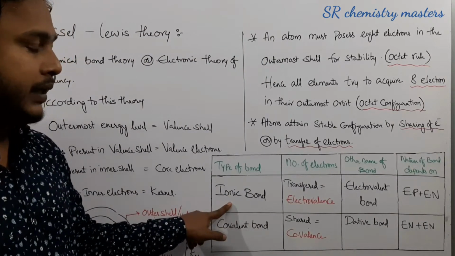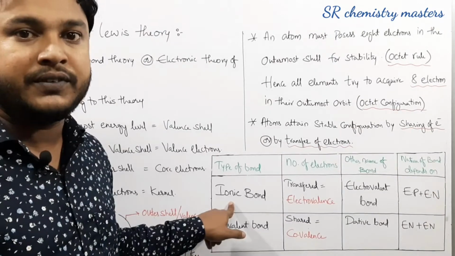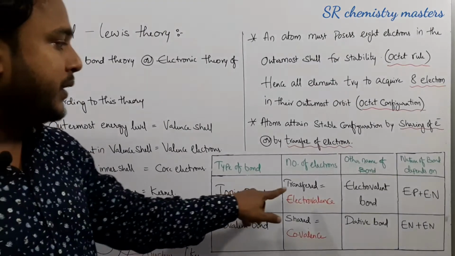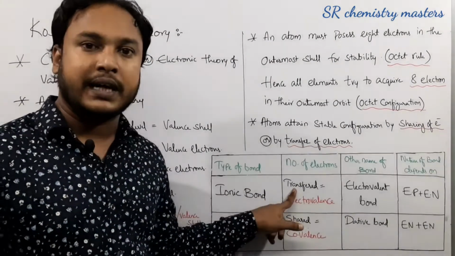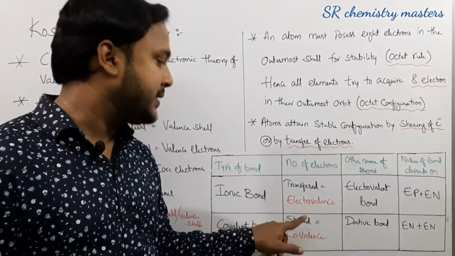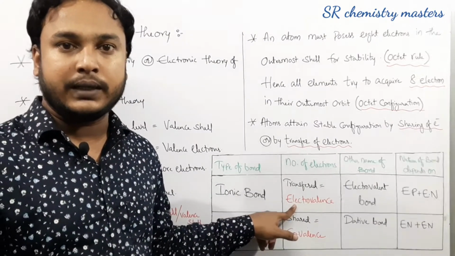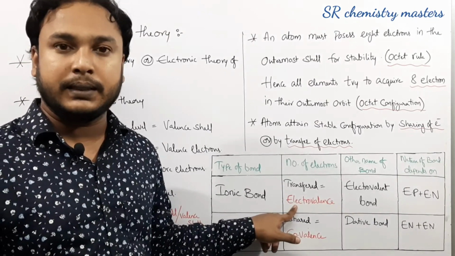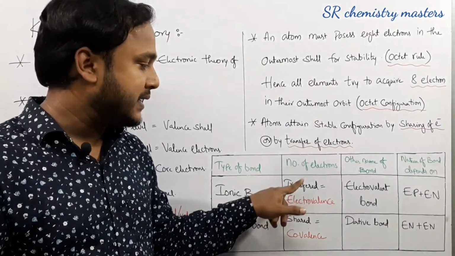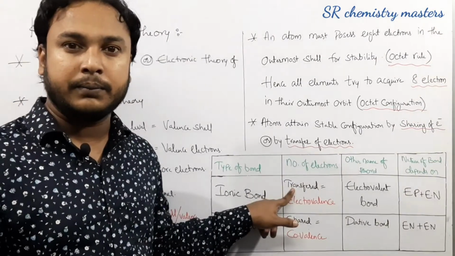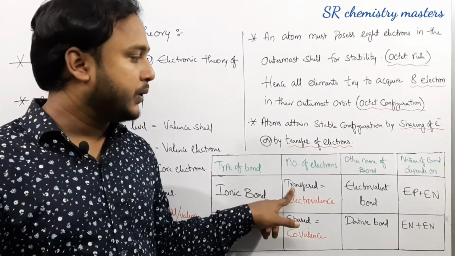The ionic bond, as you know, is formed because of the transfer of electrons. The number of electrons which are transferred between the atoms is considered as electrovalency. If someone asks you what is electrovalency, it is nothing but the number of electrons which are transferred from one atom to another atom in order to form the ionic bond.